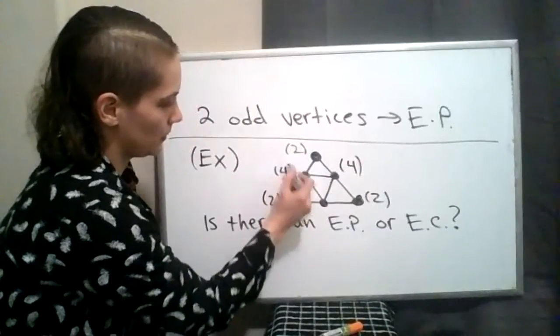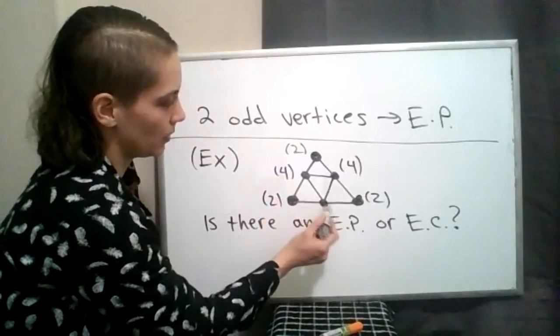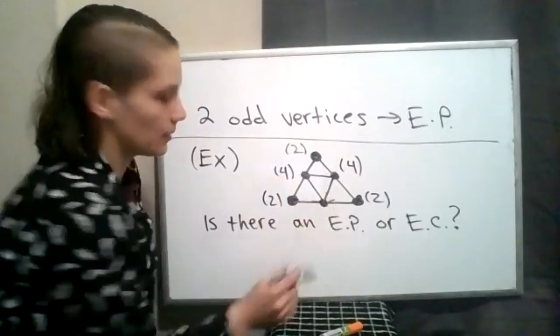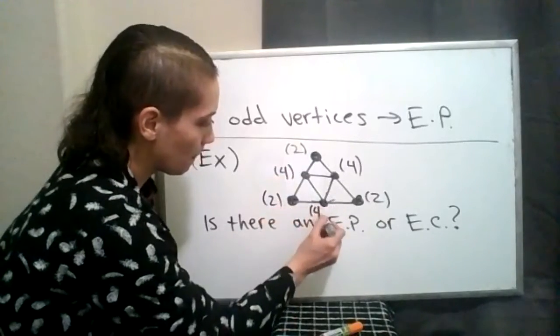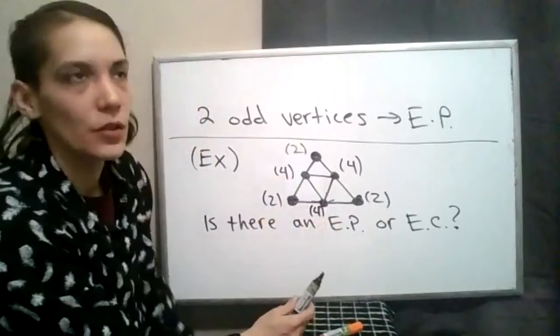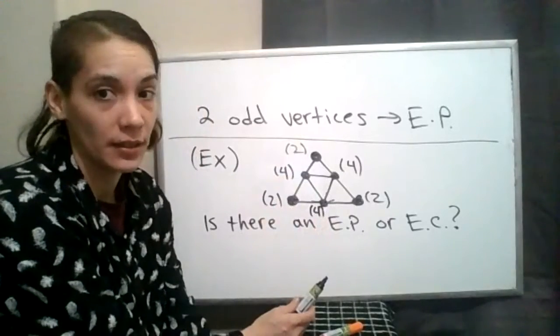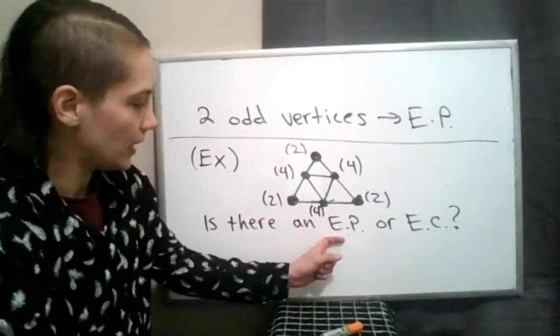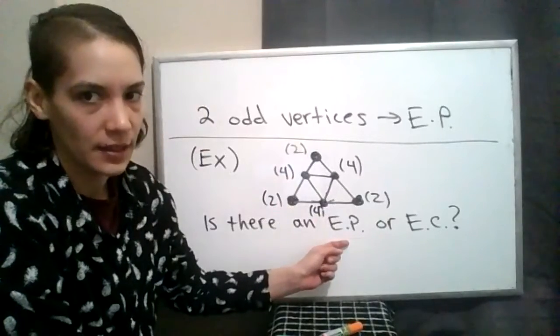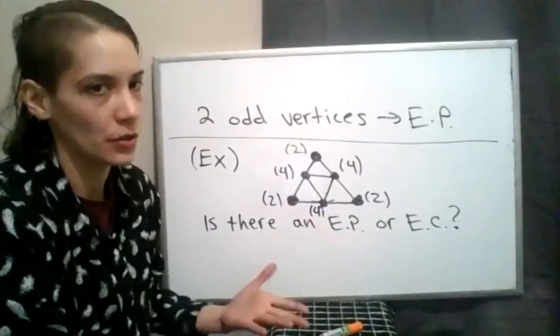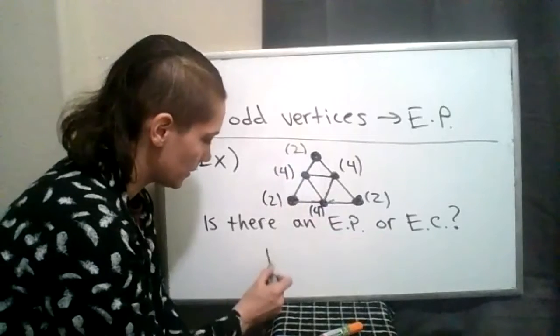Cool. 1, 2, 3, 4. Every vertex was even, 2s and 4s. So we have an Euler circuit. And also, if you have an Euler circuit, you also have an Euler path. So we're going to choose the stronger, which is Euler circuit.